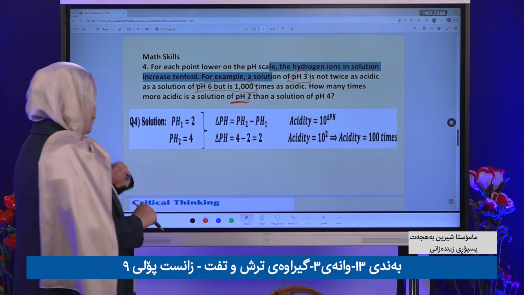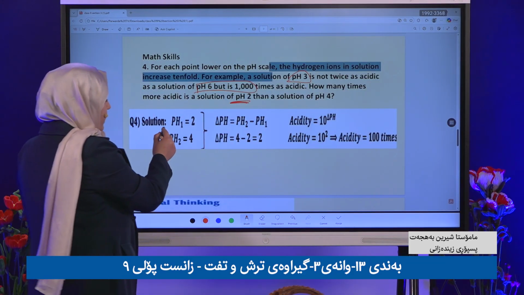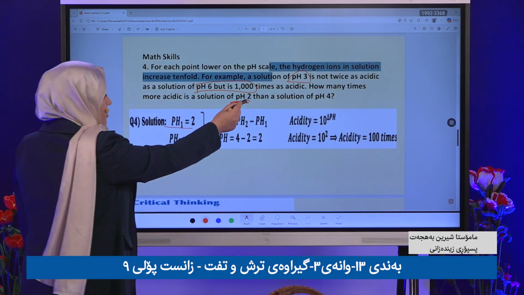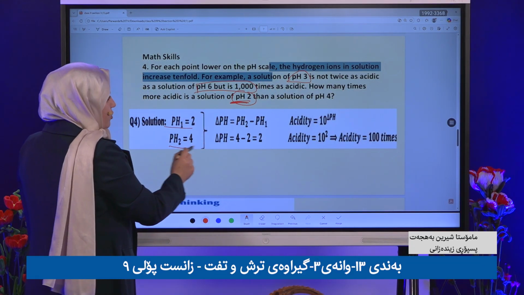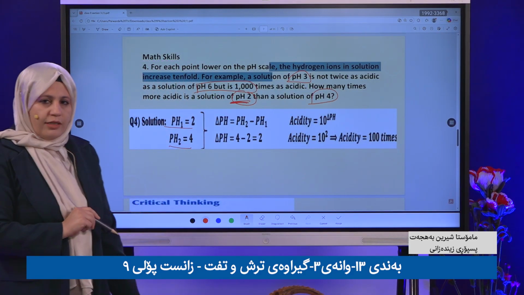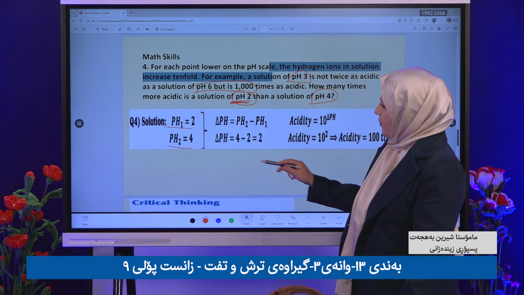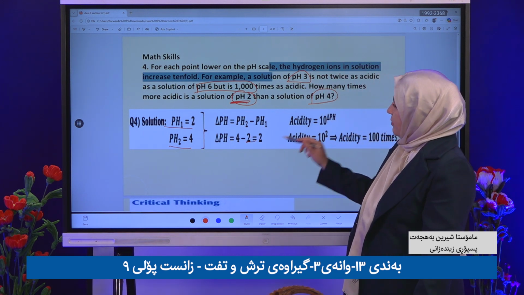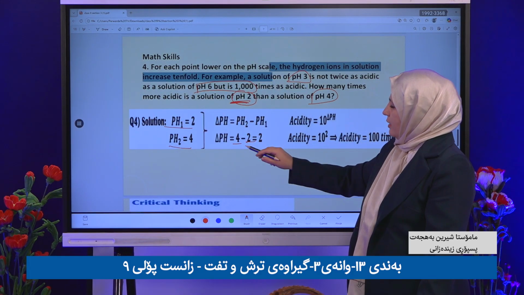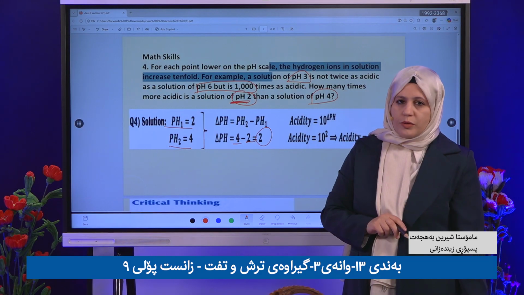Look at it. As I said, we're going to solve it logically. pH 1 is how much? And pH 2? Find the delta: the pH difference, 4 minus 2, is 2.